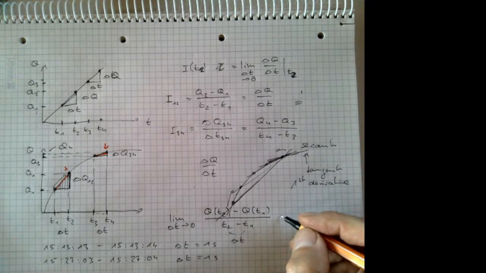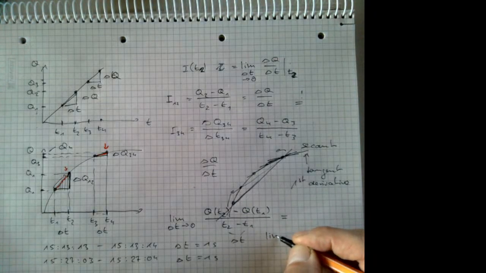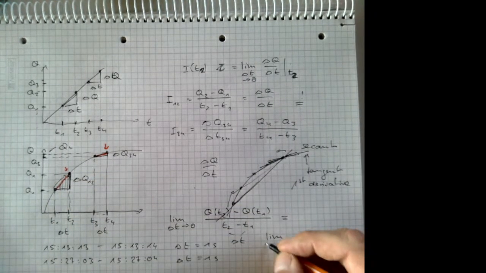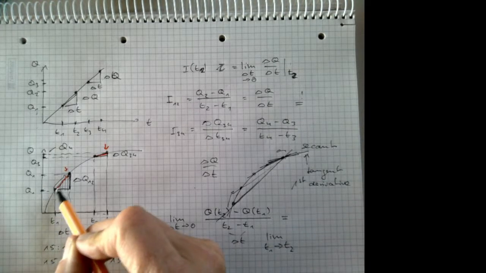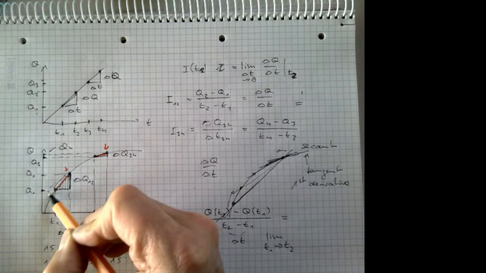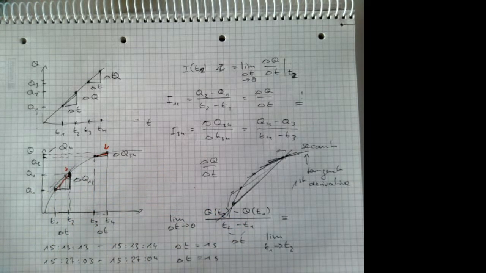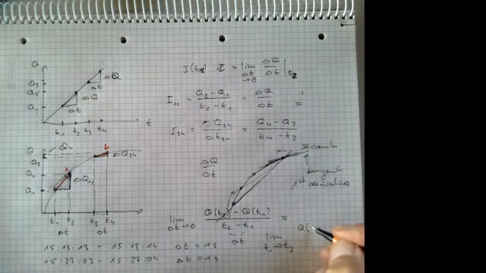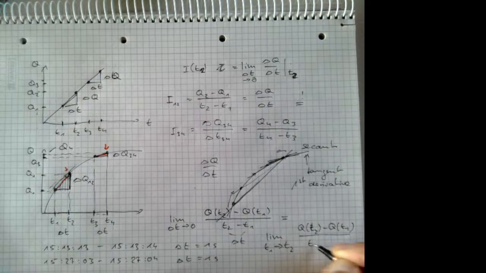So for example, I define it now. What I want is I want to move point T1 towards T2. I move this point to that one, and then finally I get the slope at this point. T2 minus T1.